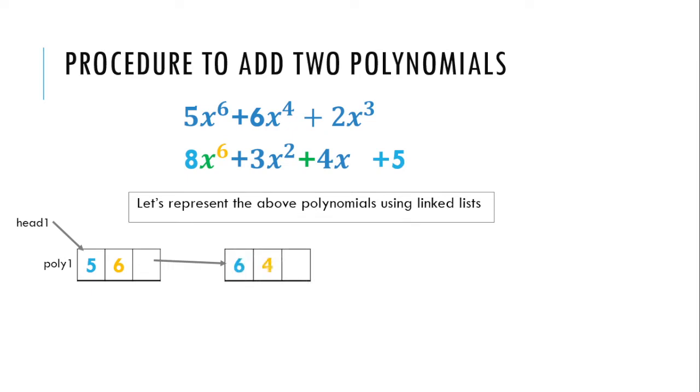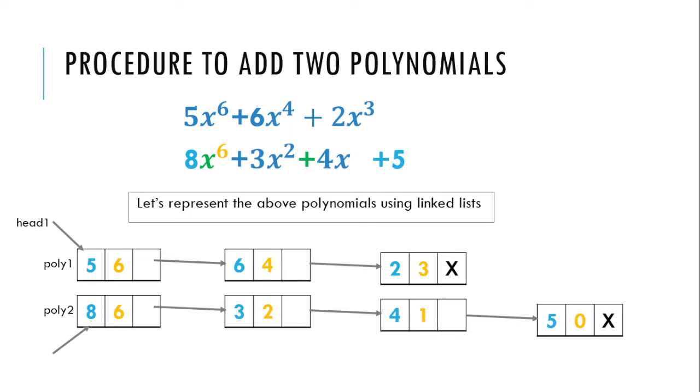The second term is 6x raised to 4. It is stored in the node as shown here. The third term is 2x raised to 3. So we use one node where the coefficient value is 2, exponent value is 3.